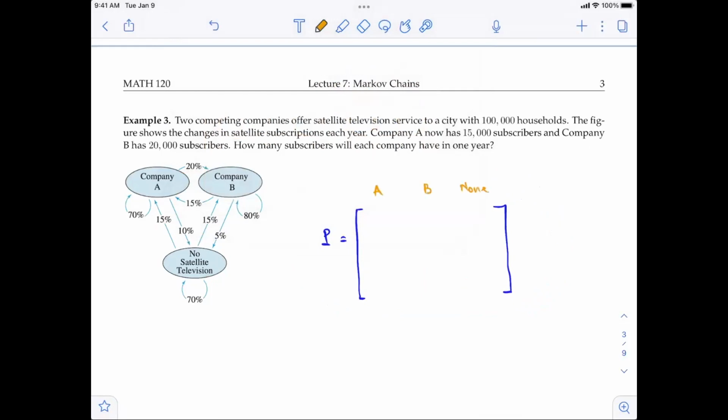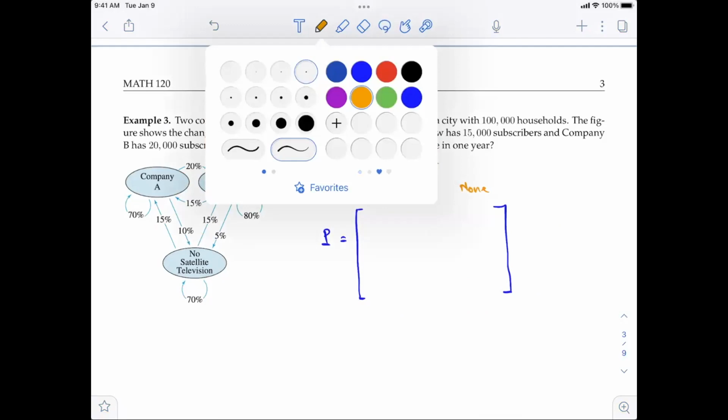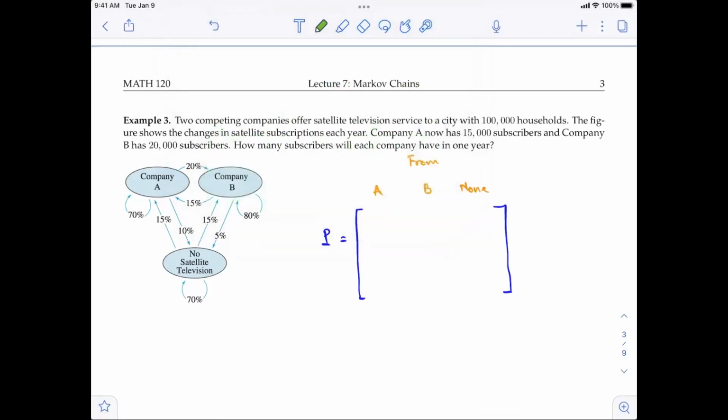That means no one is using satellite televisions in the city. The subscribers start from this column, and then later they may switch to other services. So this is A, B, and none. This is where they end up.